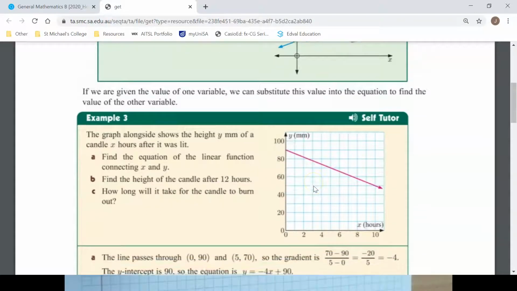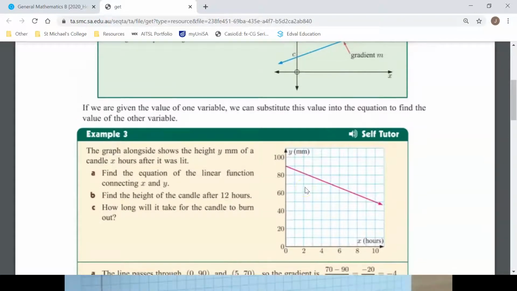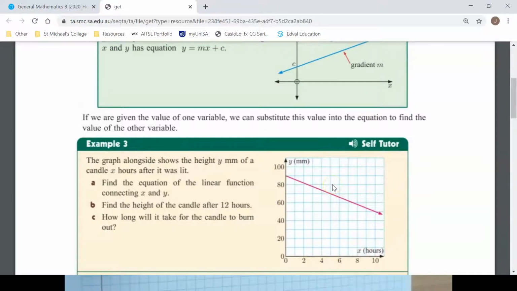The other point that we're going to use here is if we come across to 5, and it intersects nicely on that intersection of two lines there, which gives us 70. So the 2 points I'm going to use are (0, 90) and (5, 70).